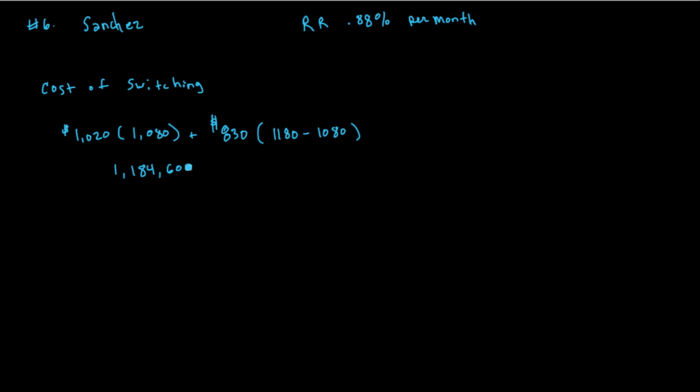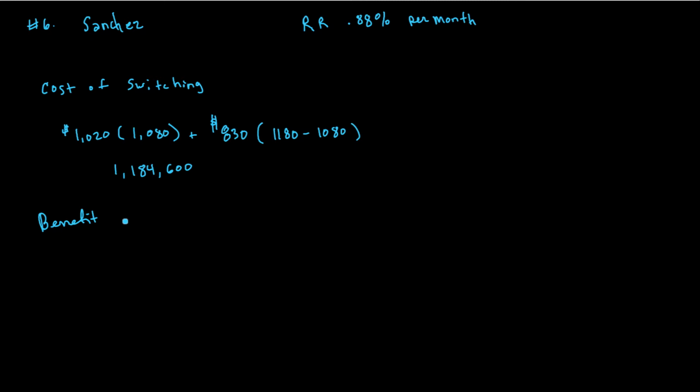Now we need to determine, what's the benefit of switching to this new policy? In order to do that, we need to take the new sales price minus the variable cost per unit times those incremental units that are sold. So the benefit is going to be our new sales price.